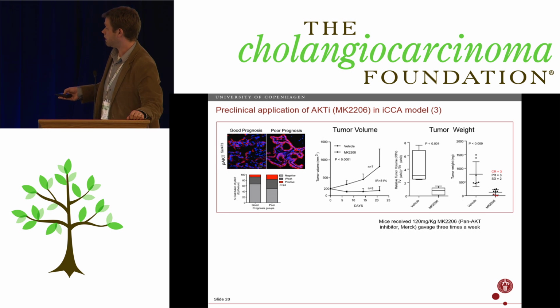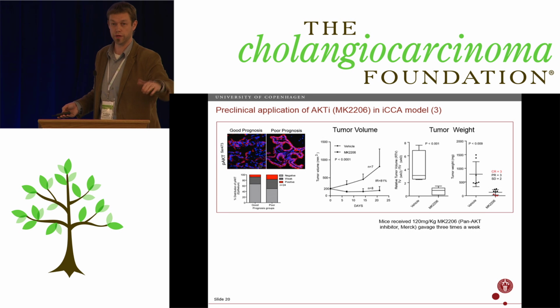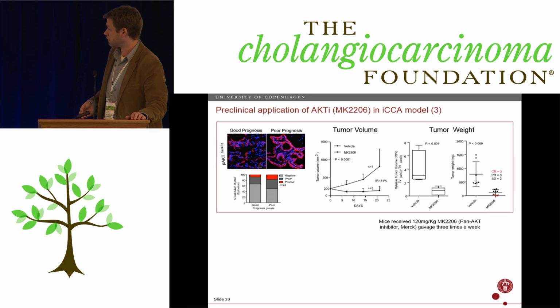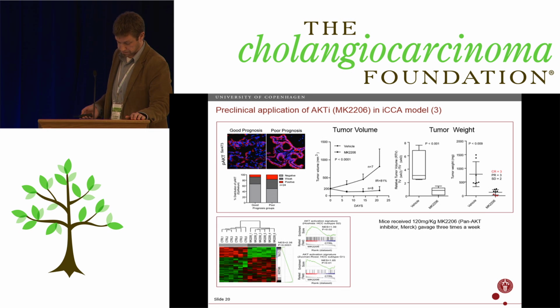We saw a partial response, if you will, in 3, and steady disease in 2, where the tumors never moved at all from the time when we started the treatment. And this is how we devised the dose as well as how we gave the treatment.